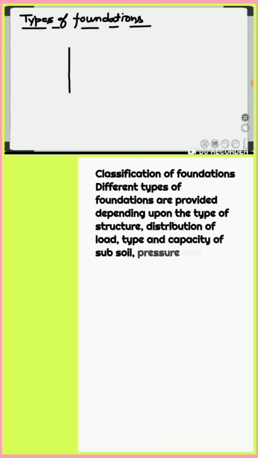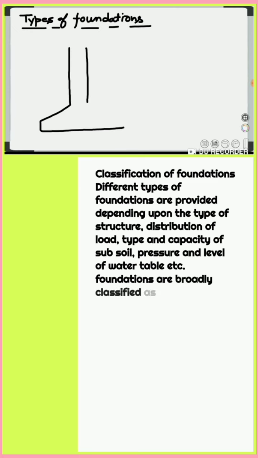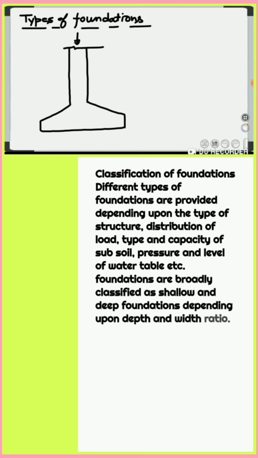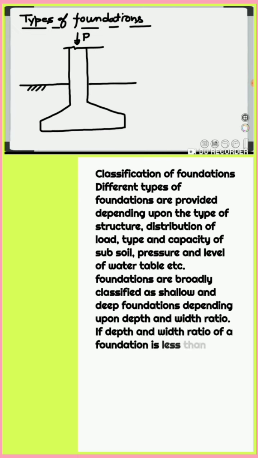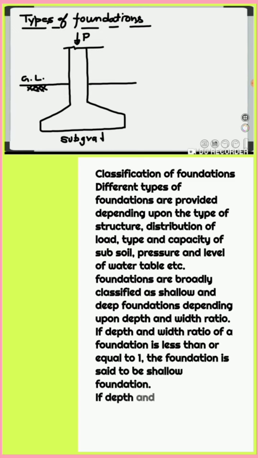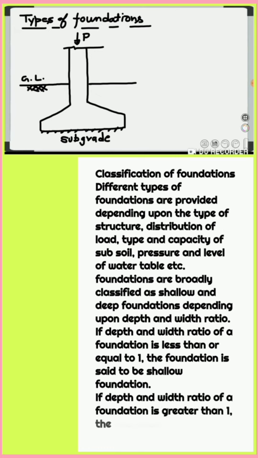Classification of foundations. Different types of foundations are provided, depending upon the type of structure, distribution of load, type and capacity of subsoil, pressure and level of water table etc. Foundations are broadly classified as shallow and deep foundations, depending upon depth and width ratio.